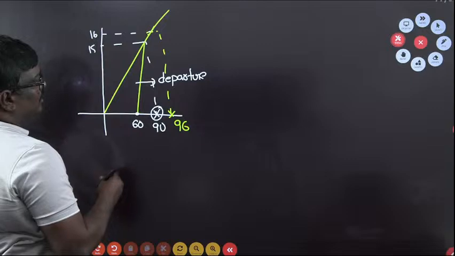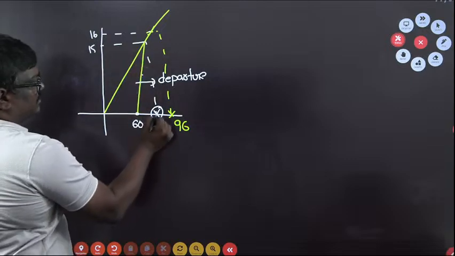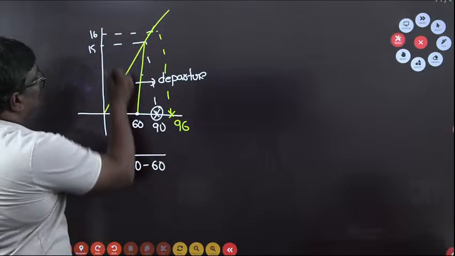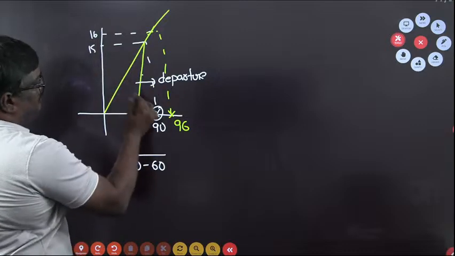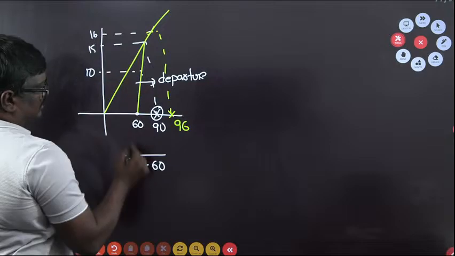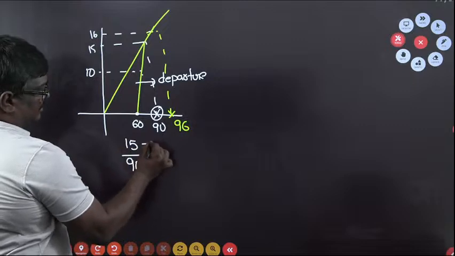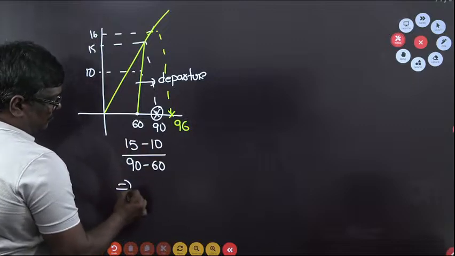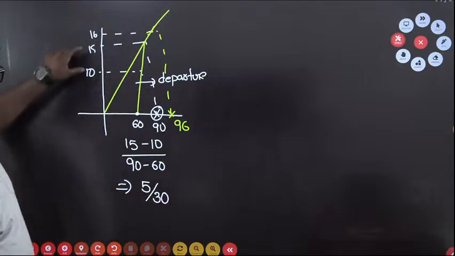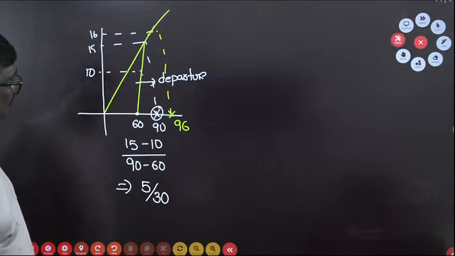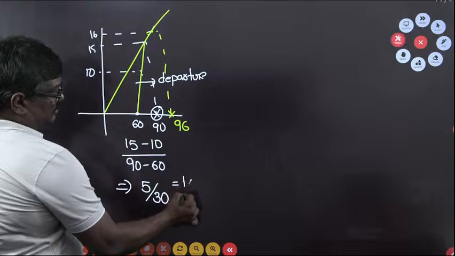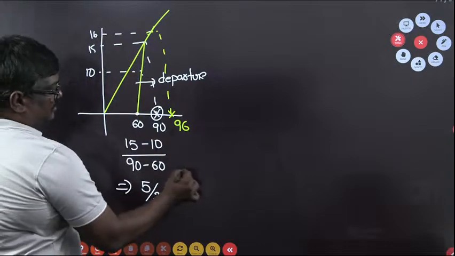Now this slope line means we have 90 minus 60 on the x-axis, and on the y-axis 15 minus 10. This value will be somewhere here, 10 at 60. So the slope will be equal to 15 minus 10, that is 5 by 30, which is also equal to 1 by 6. So this is also 1 by 6.